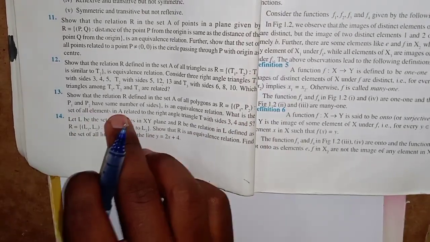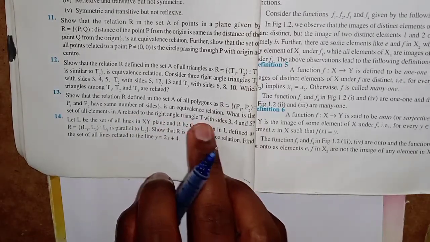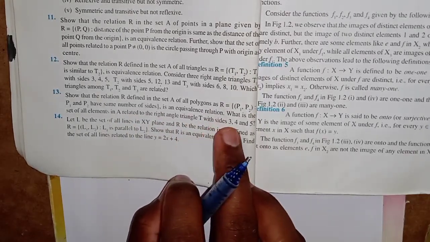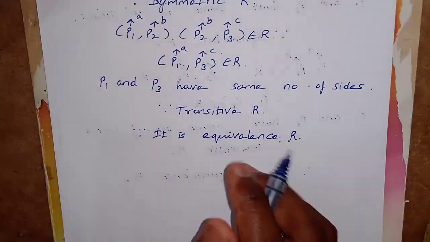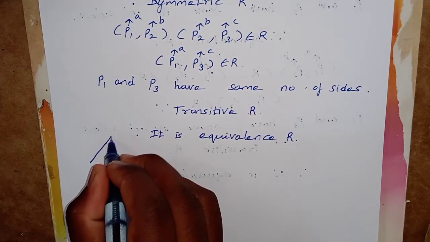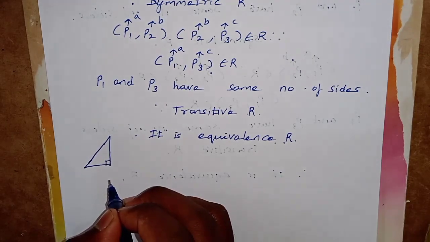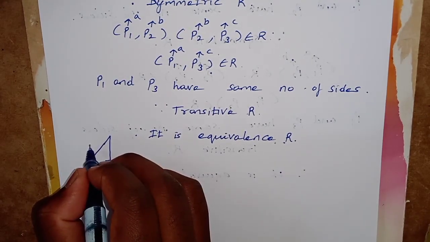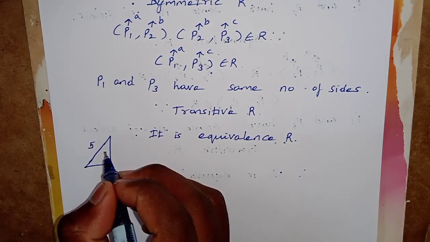set of all elements in A related to the right angle triangle T with sides 3, 4, and 5? Okay, the right angle triangle they have given. This is the right angle triangle. Here it should be 90 degrees. Therefore, the hypotenuse should be the highest value, 5.